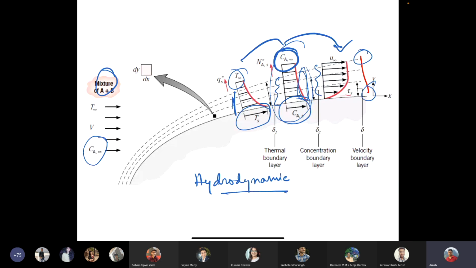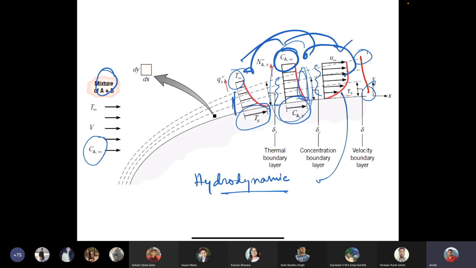By doing that, we study the velocity profile, because that influences the other boundary layers.